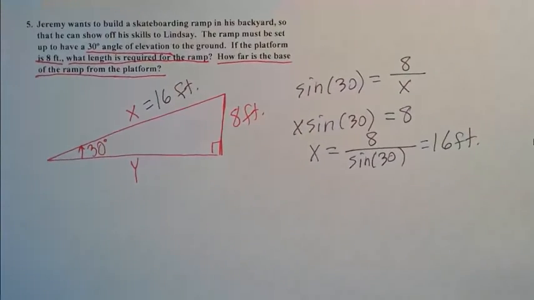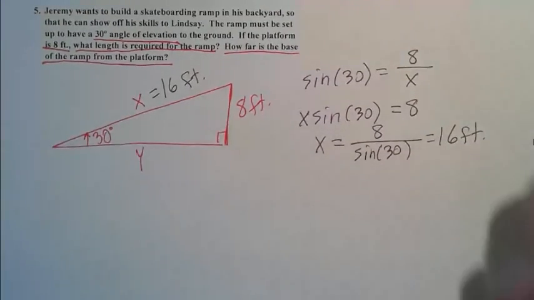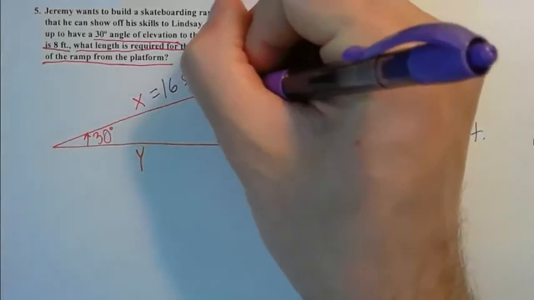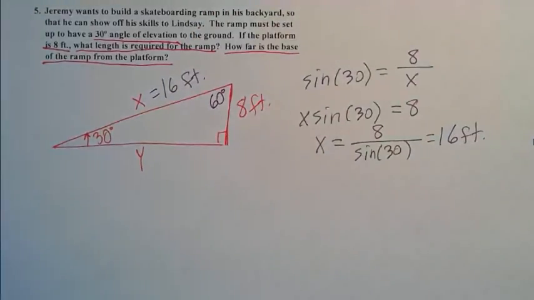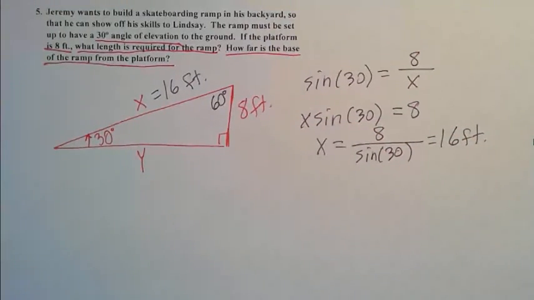So we could do this by using trig, but you'll notice that our 30 degrees right here means that this top one is 60 degrees. And you'll notice that 8 and 16, that's double for our hypotenuse side.